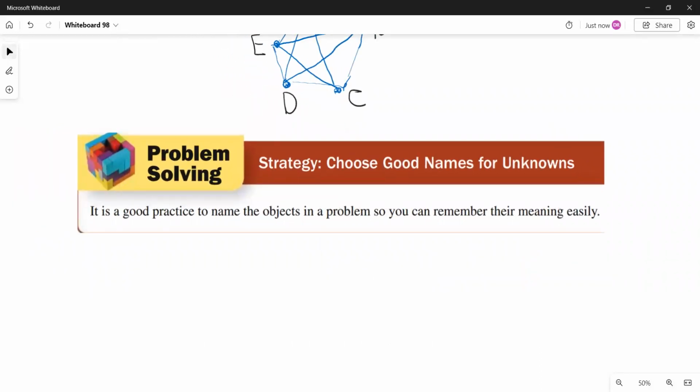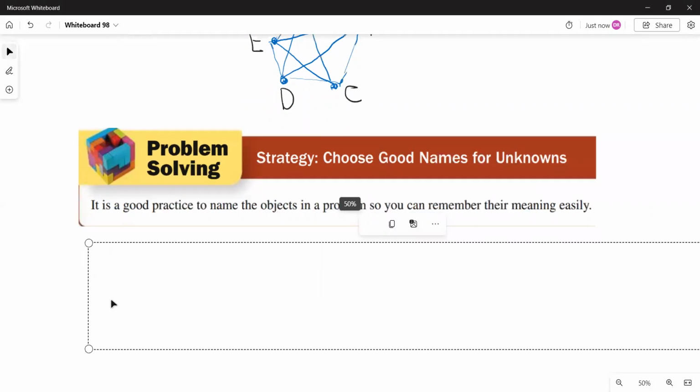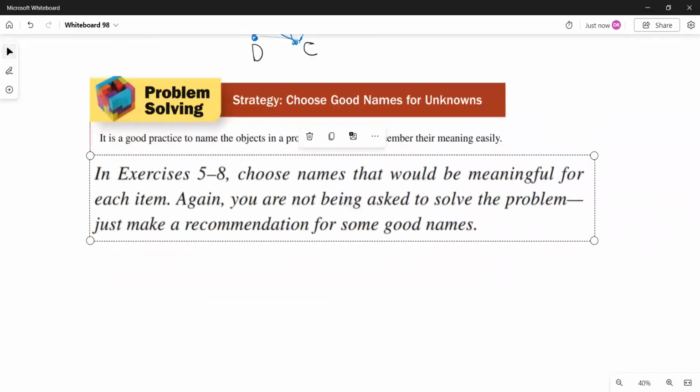So also on page 15, we have example number 8. I will copy the directions and the problem. We're not solving a problem. We're just giving names to unknowns. We're choosing appropriate names for unknowns.